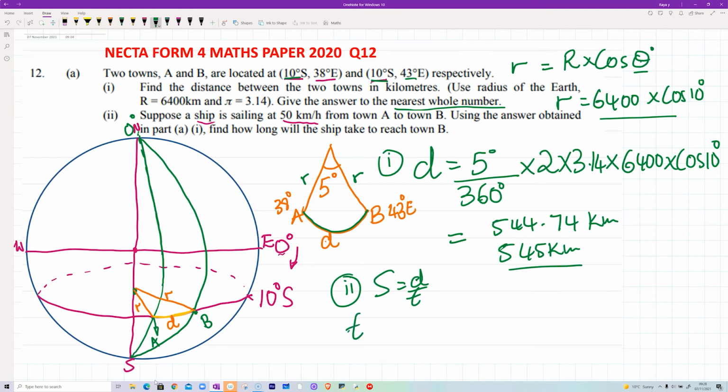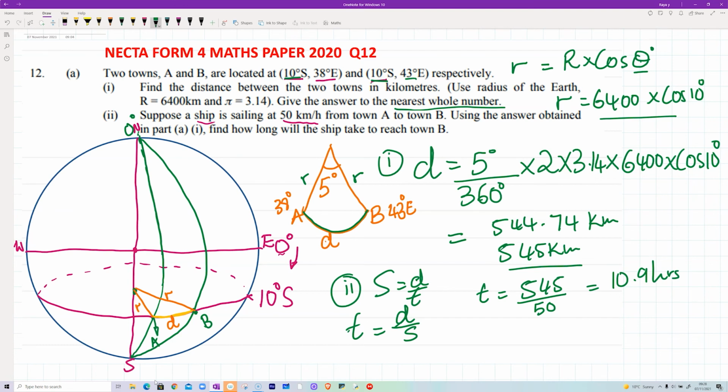That means time is going to be equal to distance over speed. We already know the distance between the two towns is 545. So time is going to be 545 divided by the speed, which is 50. Now, if you work this out, you will get 10.9 hours.